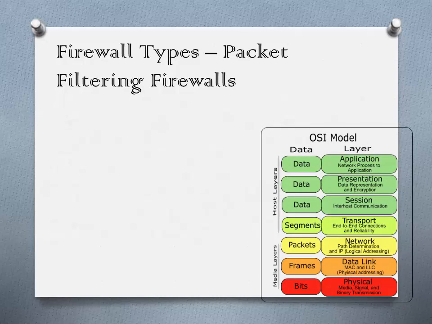So this type of firewall system is considered a first generation firewall and can operate at either the network or transport layer of the OSI model.